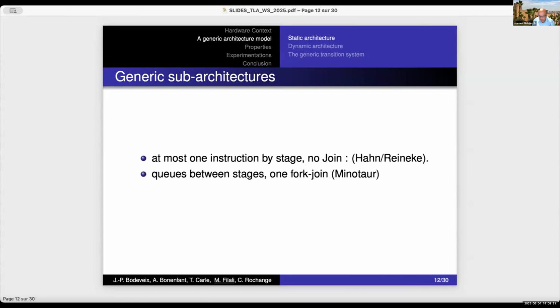We will see what it means to be a join node on the figure. And we have also considered the Minotaur project, which is more complex, and here we can have queues between stages, and we can also have fork and join nodes.